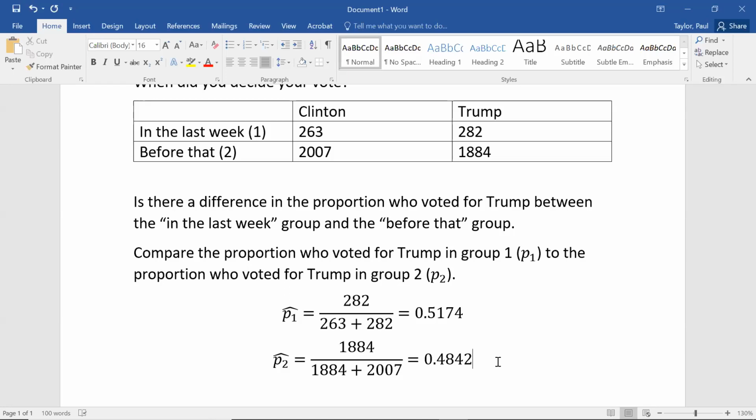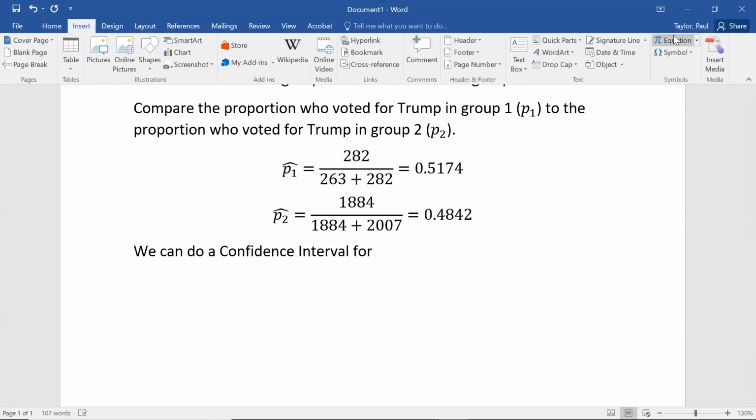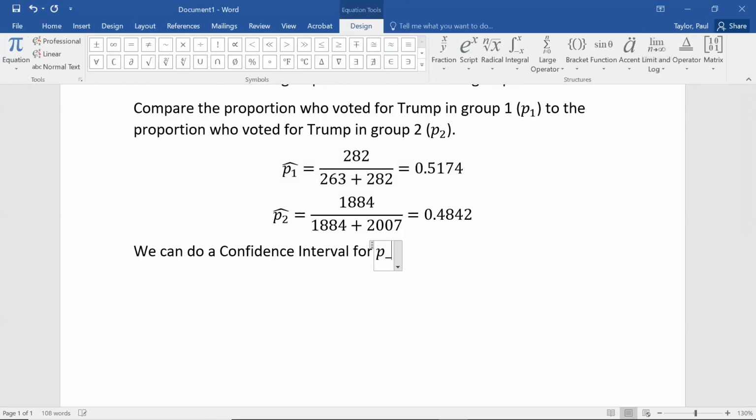So what we actually run our confidence interval and our hypothesis test on is the difference between these two numbers. So we can do a confidence interval for the difference P1 minus P2.